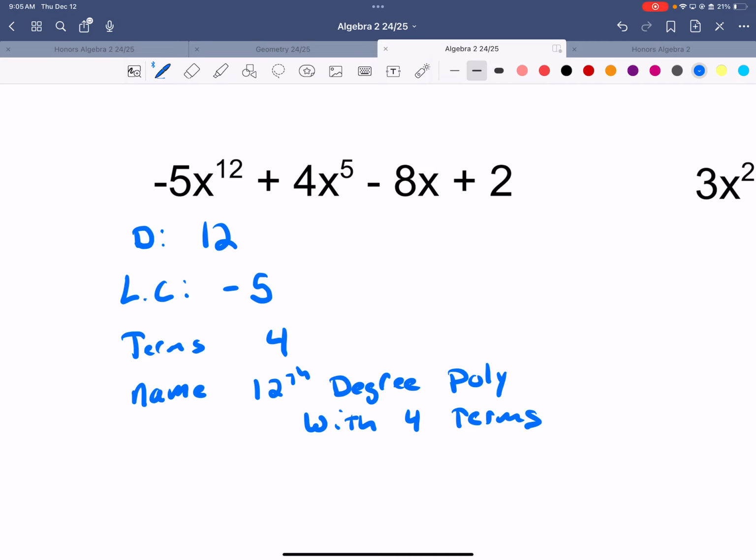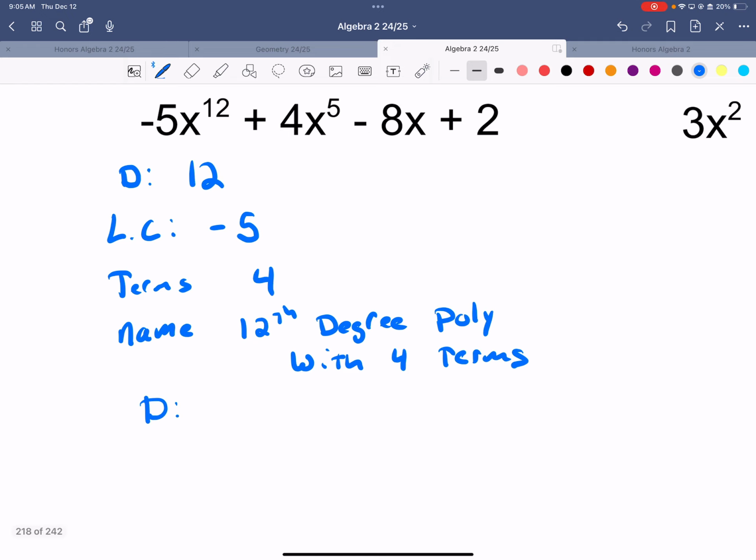We don't know what a 12th degree is called, so we just say it's a 12th degree polynomial with 4 terms. It's the easiest way to do it. Now, the end behaviors. Our degree, is it even or odd? Even, 12 is an even number. Our leading coefficient is negative. So the end behaviors are in the 3rd and 4th quadrant. Questions with that one? We'll do one more.